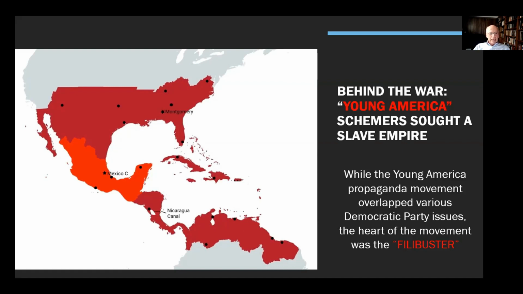And they had the idea at the heart of this really insurrectionary movement that there would be a slave empire ringing the Caribbean all the way through Mexico into the top of South America. And that would overpower the United States and destroy it.